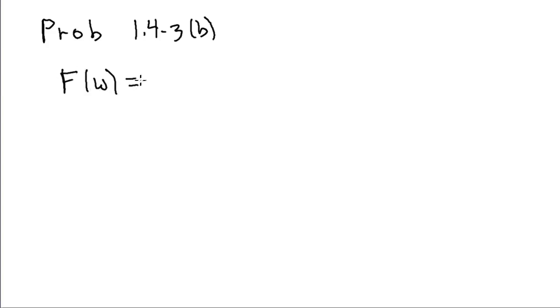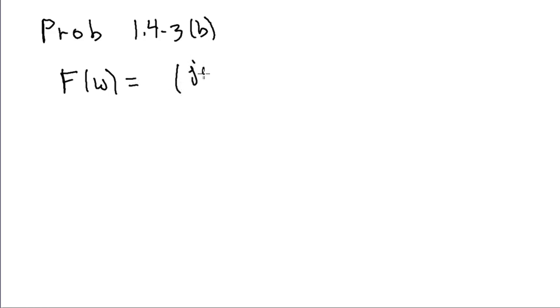Let's take a look at another problem. I won't work through all parts of this problem, but I want to work a couple problems that deal with the impulse, and in this case we're asked to simplify this function of omega.